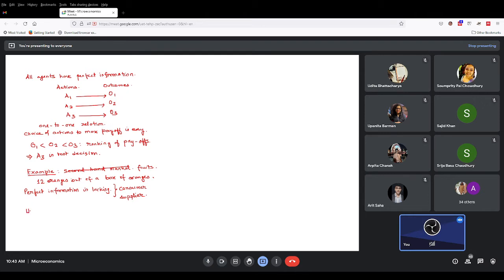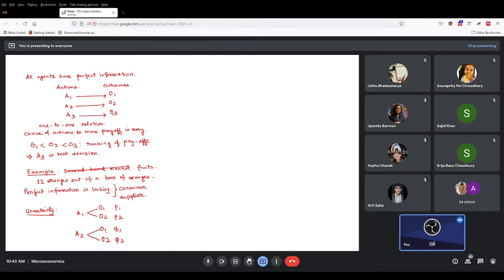One case is when we introduce uncertainty. So let us say I have got A1, but if I choose A2, then also, these are the probabilities.